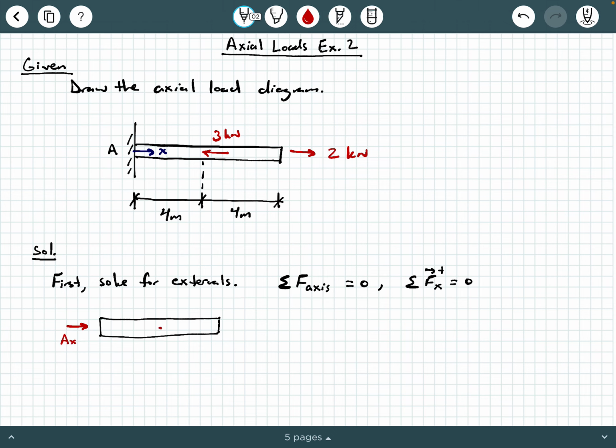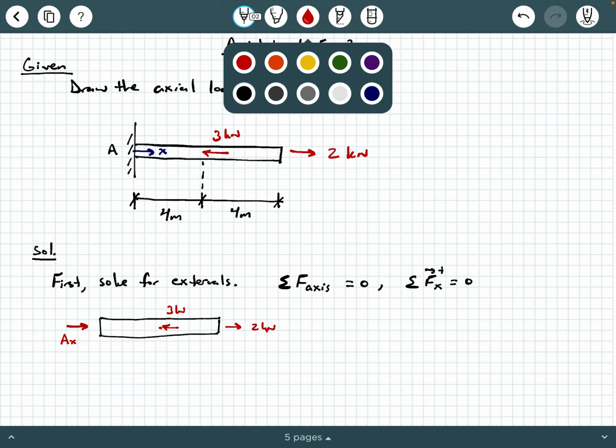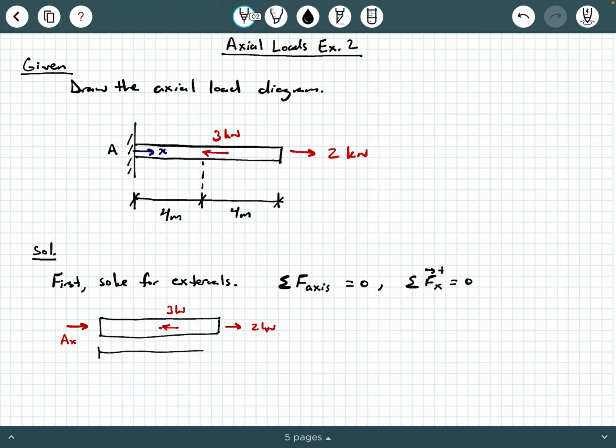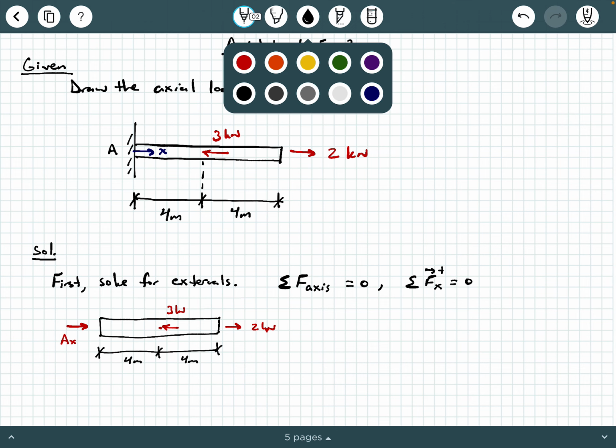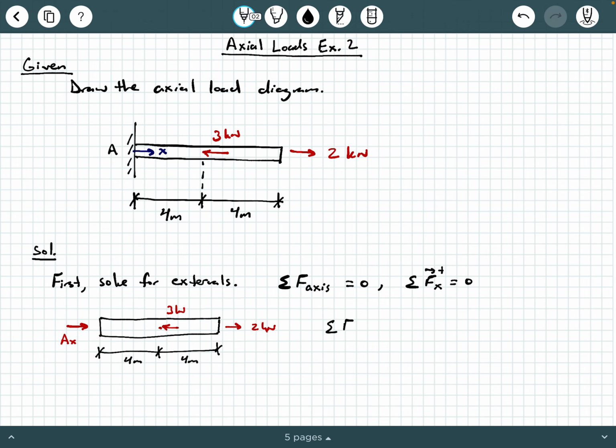And then at 4 meters, we have that 3 kilonewtons, and then all the way at the end, we have the 2 kilonewtons. And then we're going to go ahead and draw those dimension lines there. 4 meters, 4 meters.